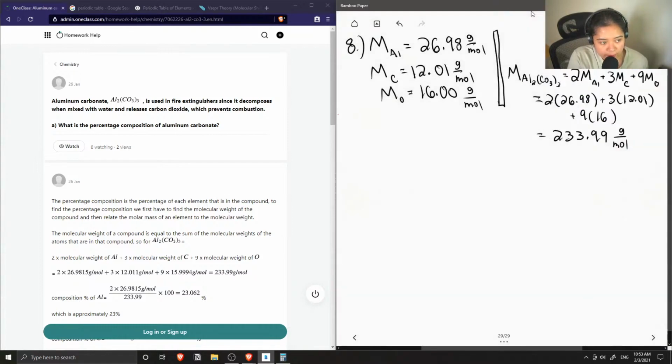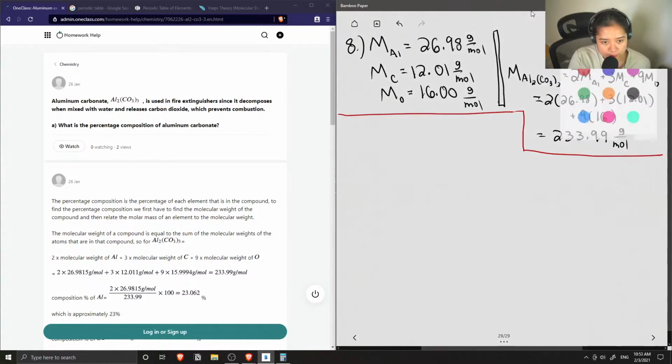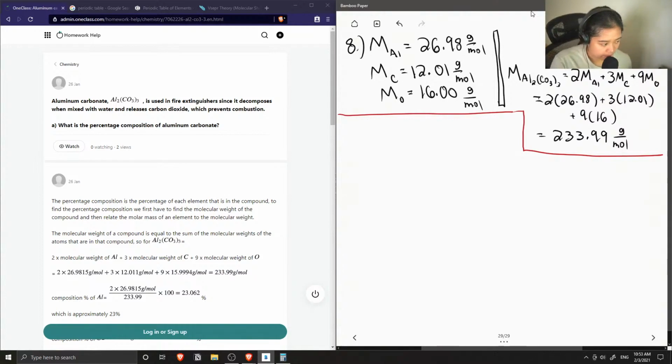Okay, so now we have all the individual atomic masses for our elements, and we also have the total molar mass of aluminum carbonate. So now when finding the percent composition, we need to take into account all of the elements and also how much of each element there is in aluminum carbonate. So for example, let's calculate the percent composition of aluminum.